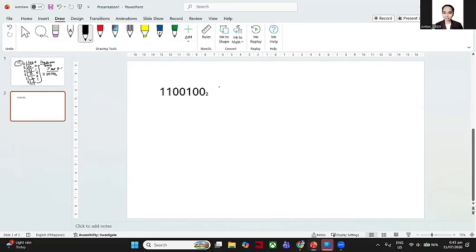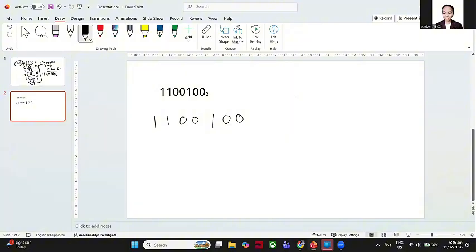So now we will know how to translate to decimal. We write down the whole binary, 1100100.